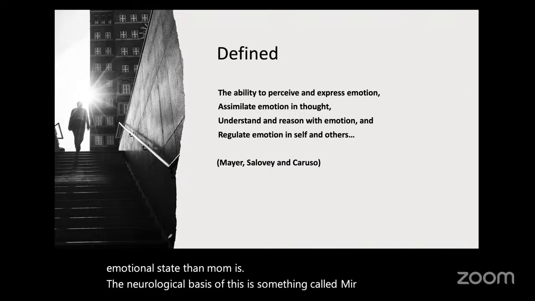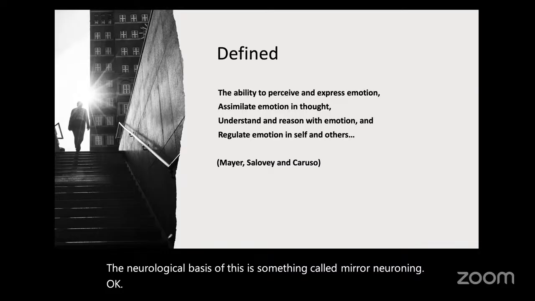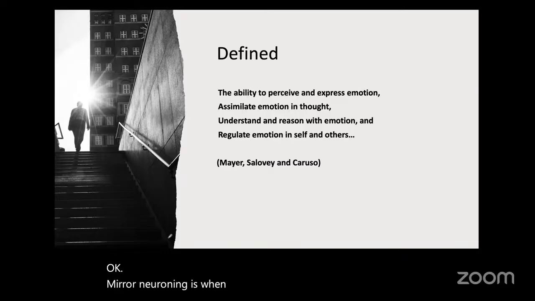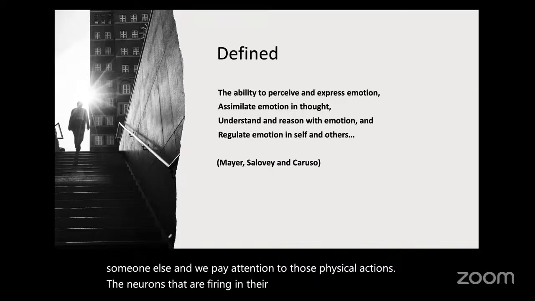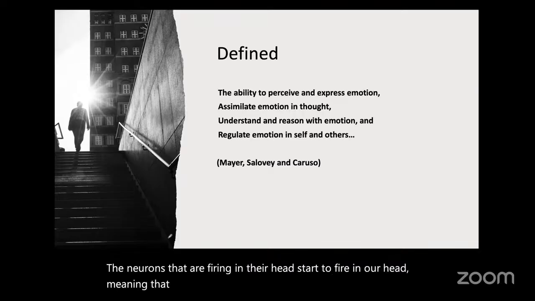Mirror neurons are when we watch the physical behaviors of someone else and we pay attention to those physical actions. The neurons that are firing in their head start to fire in our head, meaning that our neurons actually become connected with each other.